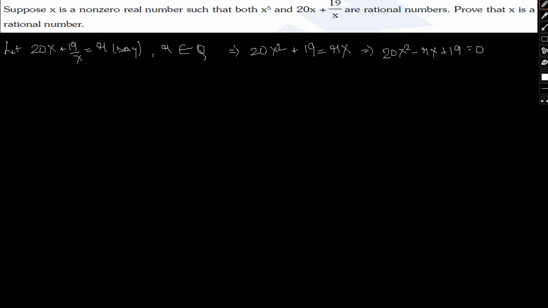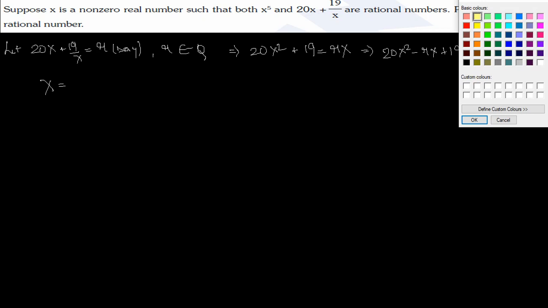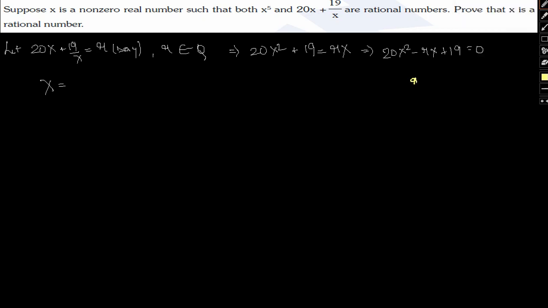So having said that, let's continue our discussion. Here let's try and find out the root of the same. We know the formula for finding roots: x equals minus b plus minus root of b square minus 4ac, by 2a.